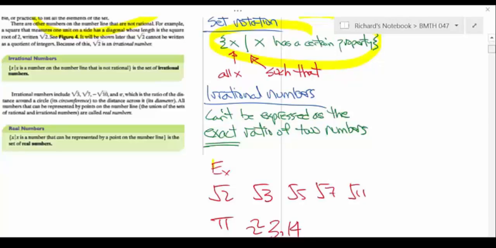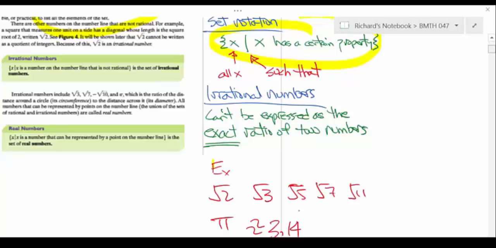Same with something like the square root of 2 or the square root of 5, square root of 7. 2, 3, 5, 7, 11. These are numbers that don't appear in any times table because you can't take any two numbers other than 1 and the number itself and multiply them together to get 7, for example.